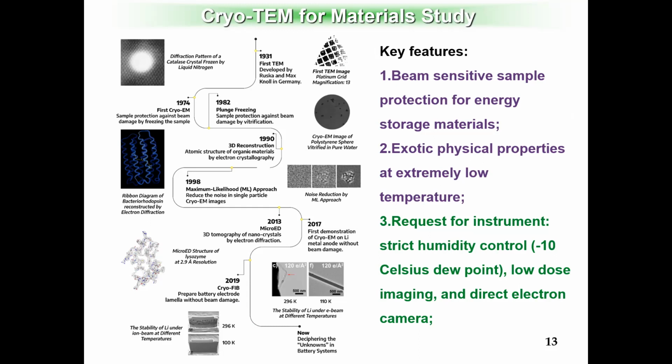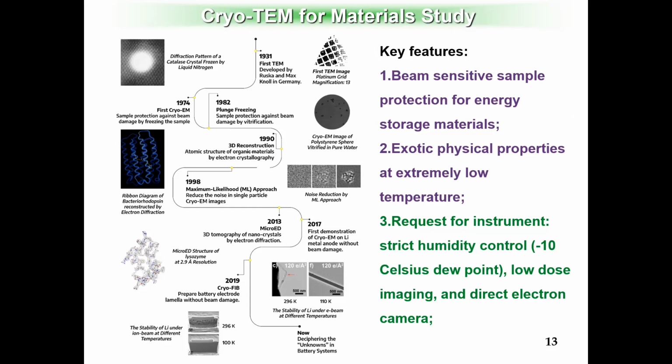And a lot of the time, because of beam sensitive materials, you always need low dose imaging, and you also want a direct electron camera. A direct electron camera is not the same as a CCD. The CCD transfers the electrons to an optical signal and then goes back to electron counting. The direct camera avoids the optical transformation.